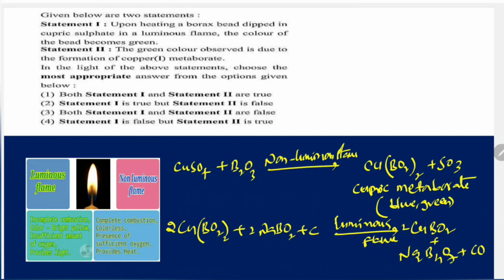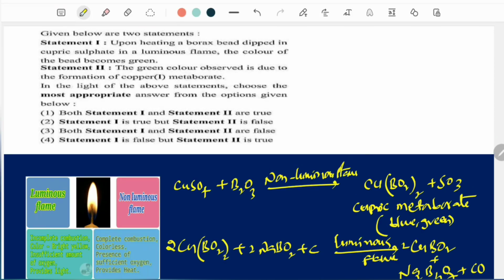Is the borax bead dipped in cupric sulfate in a luminous flame green? No. Statement 2, the green color observed is due to the formation of copper 1 metaborate? No. Both statements are false. The option is going to be the third.